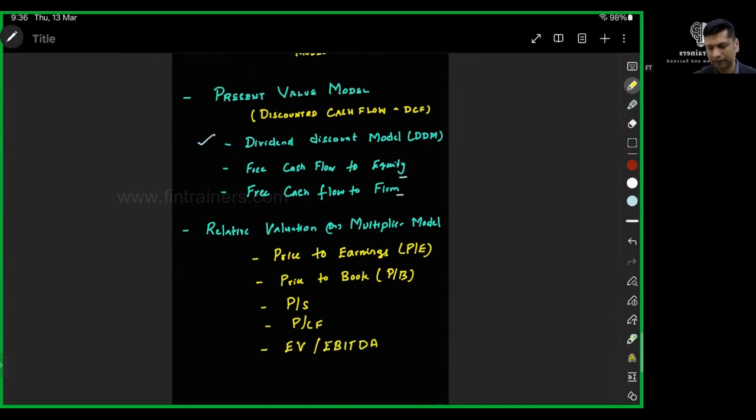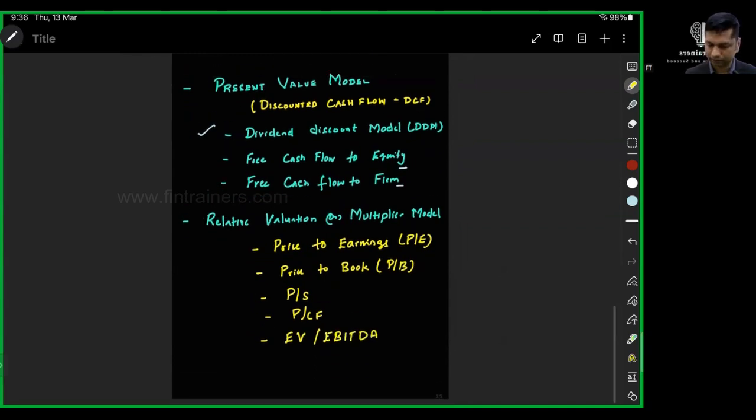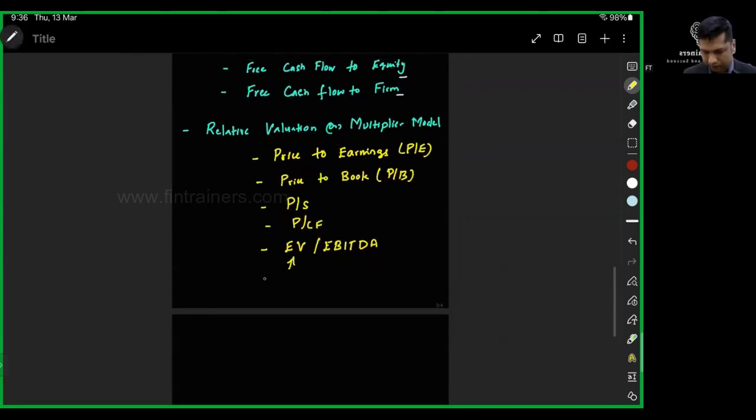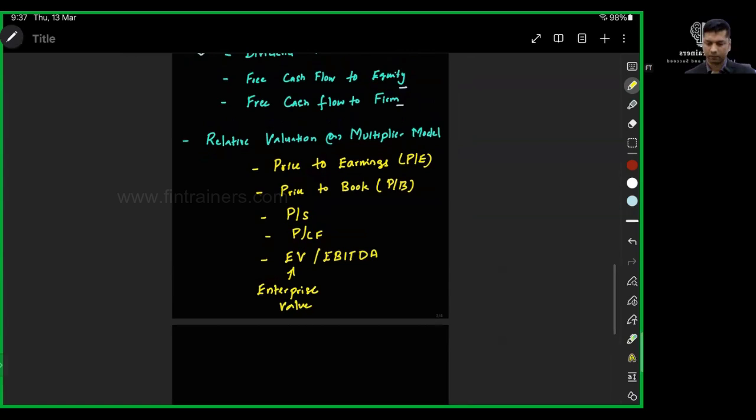I think these are the metrics we see in your L1. EV stands for enterprise value, not just the equity value, but the overall firm value. And EBITDA is one of the income statement metrics, earnings before interest, taxes, depreciation, and amortization.